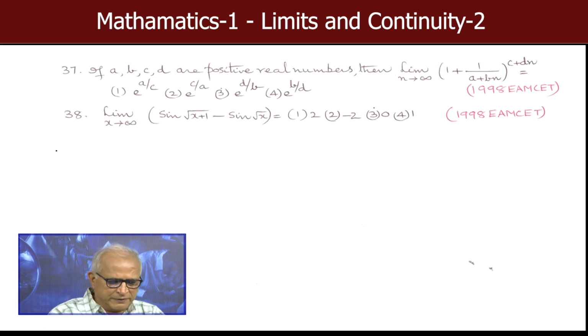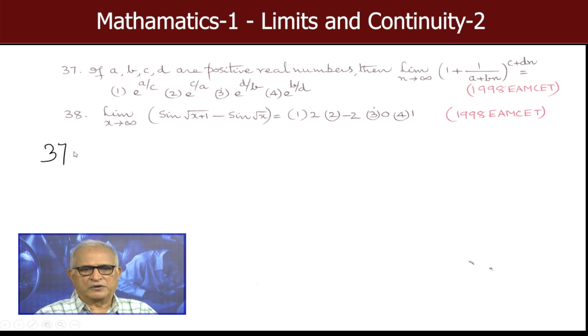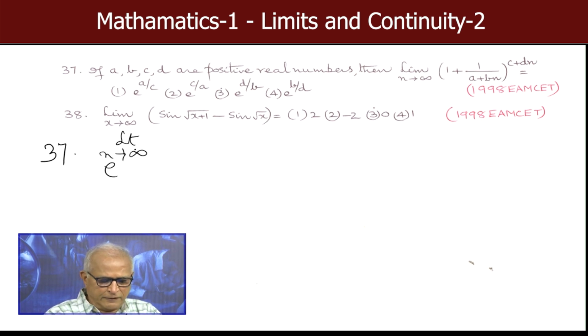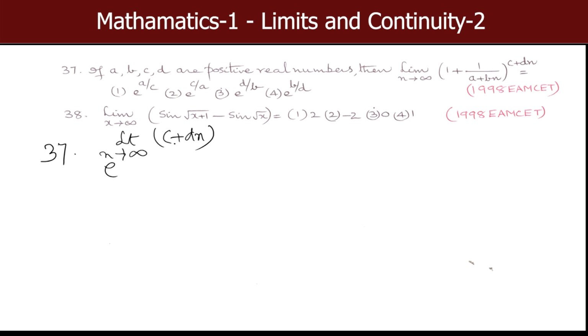So, same as the previous examples 35 or 36, you can also write this limit as e to the power of limit n tends to infinity of (c plus dn) into (1 by a plus bn). Follow? So, this is e to the power of limit n tends to infinity of c plus dn by a plus bn.